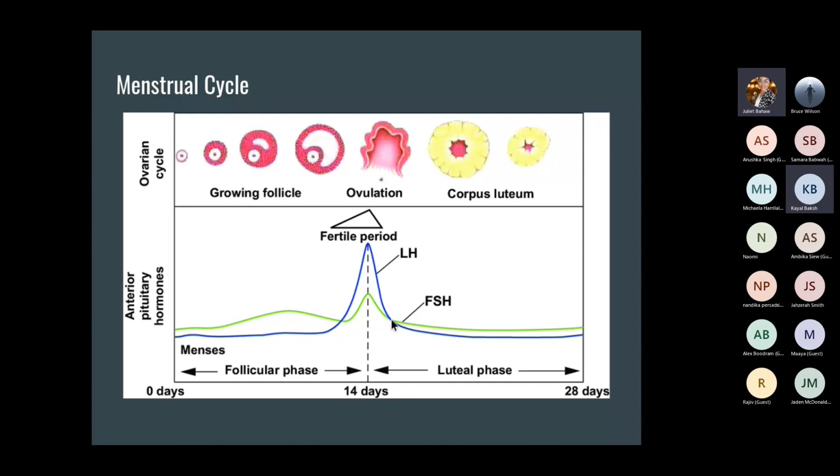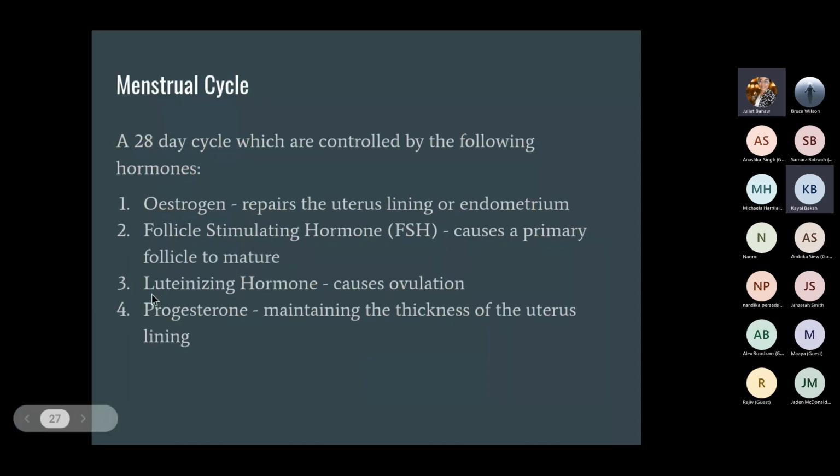You are also going to notice something called the corpus luteum forms in the ovary. The corpus luteum would have been like the yellow part of that egg, the yolk of the egg. That is responsible for releasing progesterone. Progesterone is what maintains the thickness of the uterus lining.